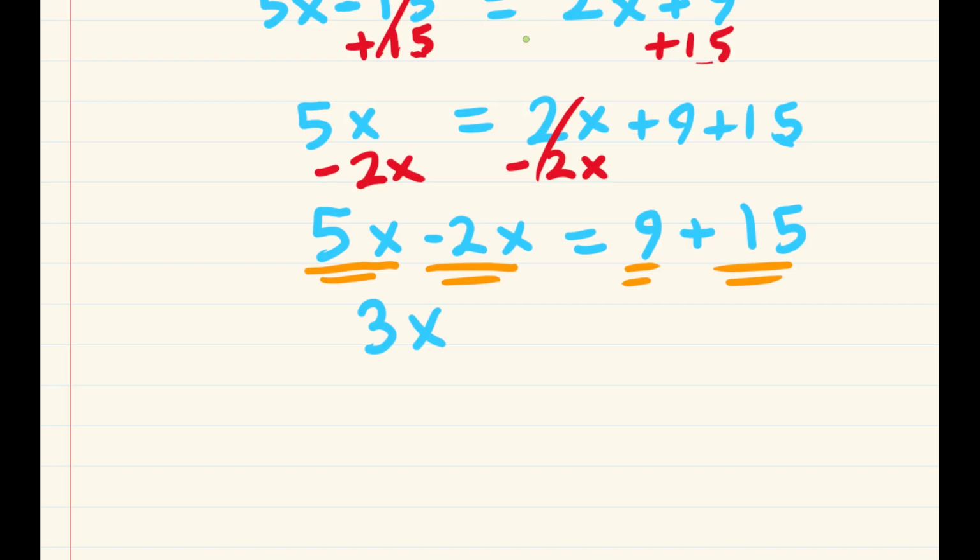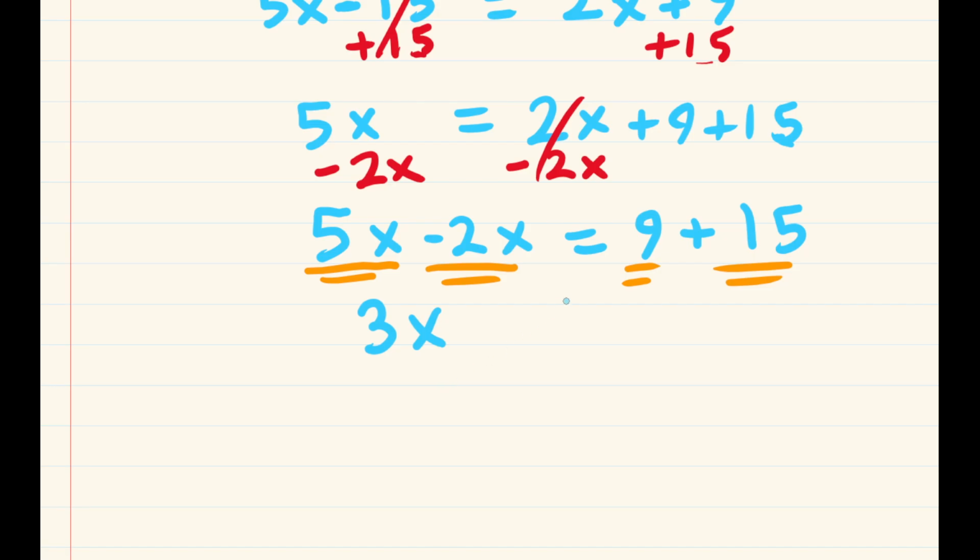And just a quick mini example, if we had 5x squared minus 2x squared, that is 3x squared. It's just 5 minus 2. And then you grab the x squared and you attach it to the result. So 3x squared. Just as a quick example of how like terms can be combined.